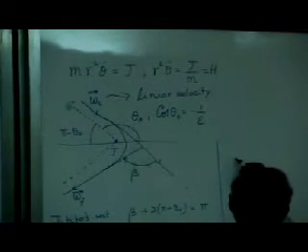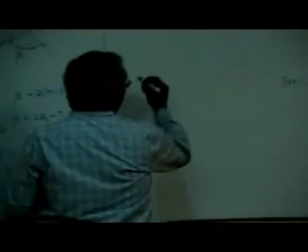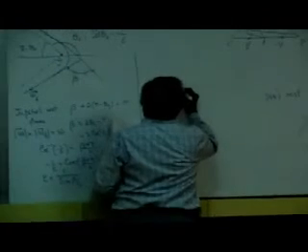Omega sine beta plus gamma. So what is gamma? Gamma is that angle. I'll also write that down. The angle CAC prime. Omega sine beta plus gamma.